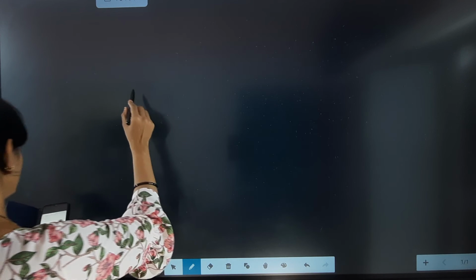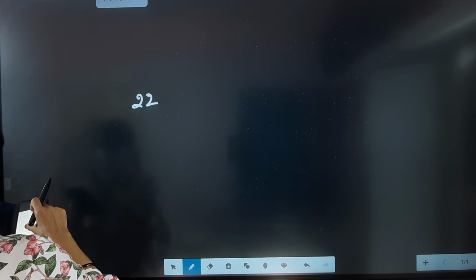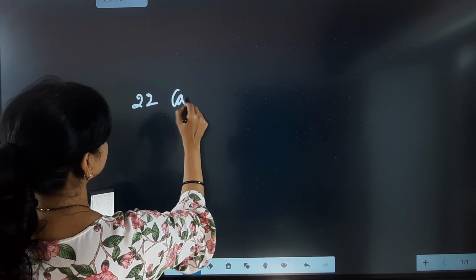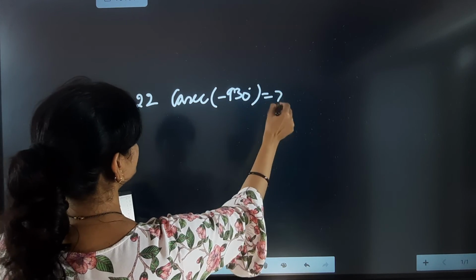Now the last question, question number 22. After question number 22, I think I have solved everything. First we will solve question number 22. Cosecant of minus 930 degree is equal to what?